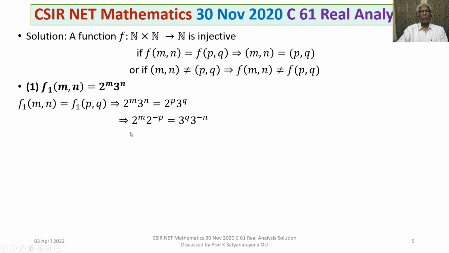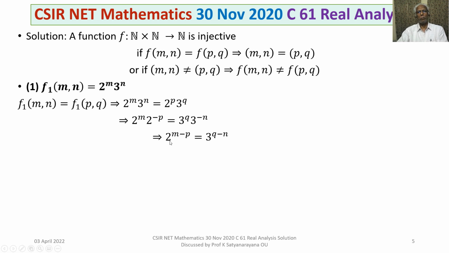Multiply throughout by 2 to the power minus p and by 3 to the power minus n. You will get 2 power m into 2 power minus p is equal to 3 power q into 3 power minus n. That implies 2 power m minus p is equal to 3 power q minus n.